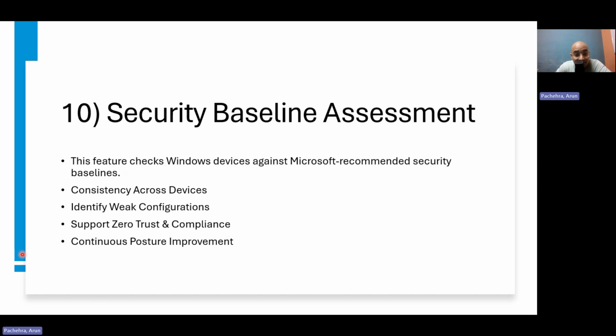You will not go without DVM. You want your DVM there. So DVM detects that the finance laptops deviate from the Microsoft baseline. And what will it do? It will alert you. IT will remediate the configuration, attack surface is reduced, and brute force RDP access is blocked. All right, so that's what the security baseline assessment does.